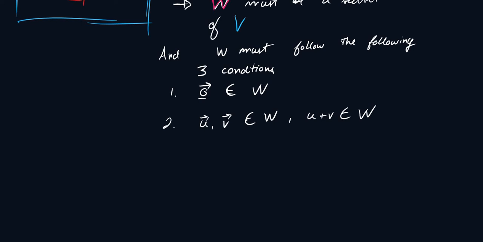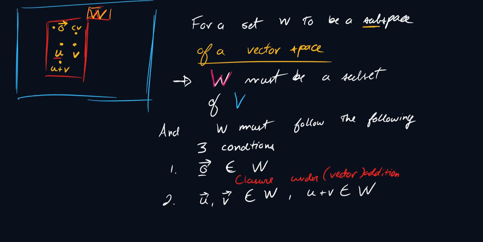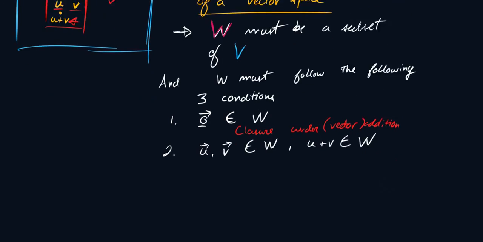It's called closure under, and we usually don't say it, but we mean vector addition. That is to say it's closed under addition because if I take two elements u and v and add them together, they won't jump out and go here. They'll stay inside my subspace W.